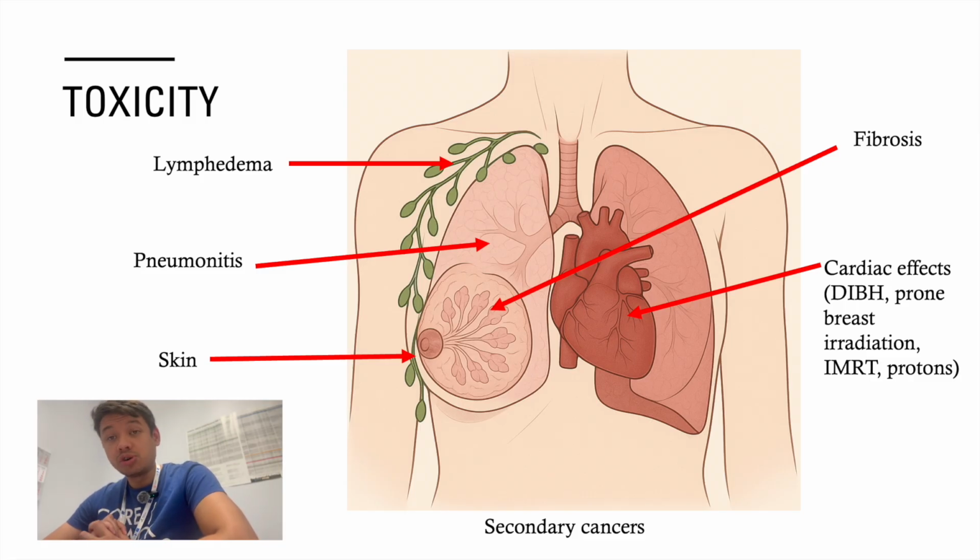There's also a small risk of secondary cancer, mainly in the contralateral breast, but it can also be in the lungs, and fibrosis, especially in the boost area. Finally, lymphedema can occur, but it's much less frequent than after a full axillary lymph node dissection.